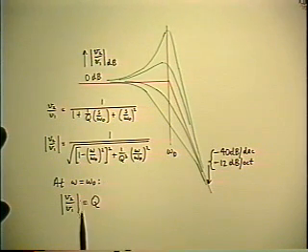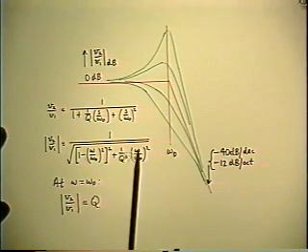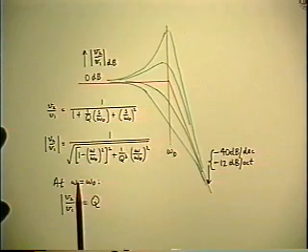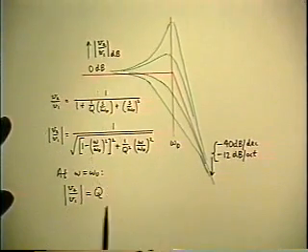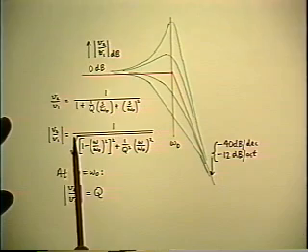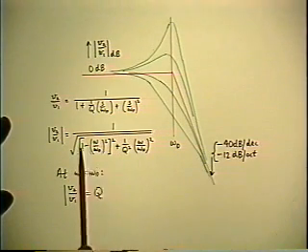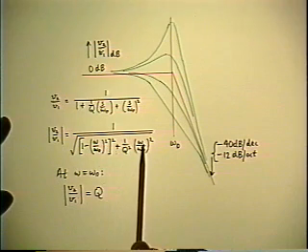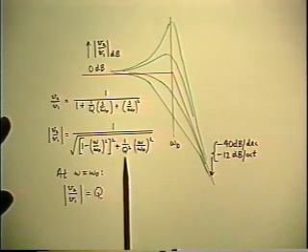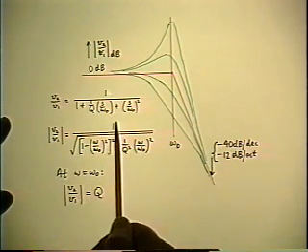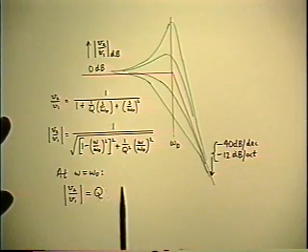And the special case, if you evaluate this function at the corner frequency itself by putting omega equals omega 0, the magnitude is equal to Q. Because the square bracket goes to 0, this coefficient goes to 1, and you simply get the square root of Q squared in the numerator, which is Q.